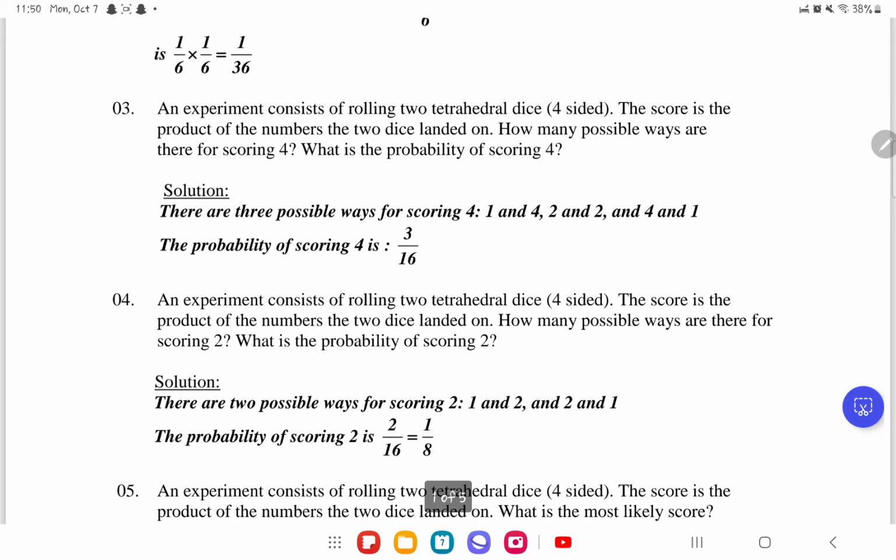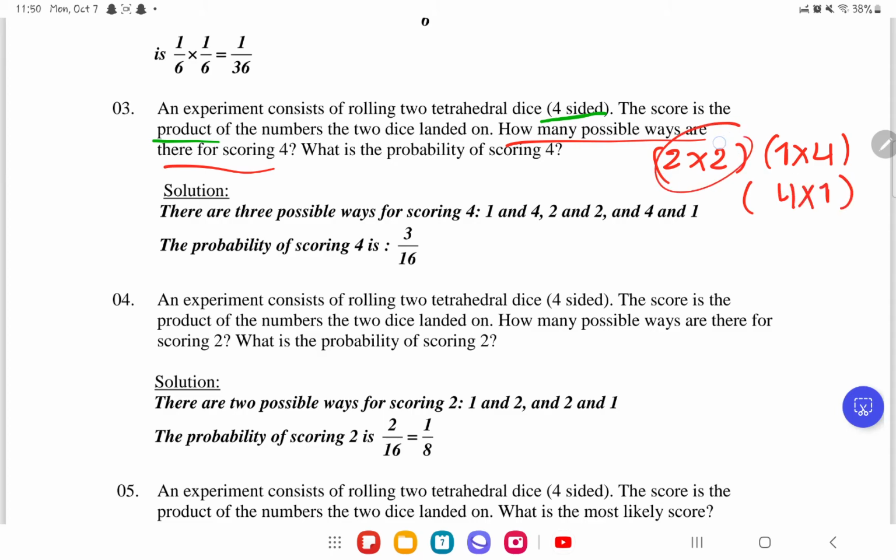Now, number 3. An experiment of rolling 2 tetrahedral dice, 4-sided. The score is the product of the numbers the 2 dice land on. So they're asking us first, how many possible ways are there for scoring 4? You can do 2 times 2 to get 4, or 1 times 4, or 4 times 1. So we have 1, 2, 3 different ways.